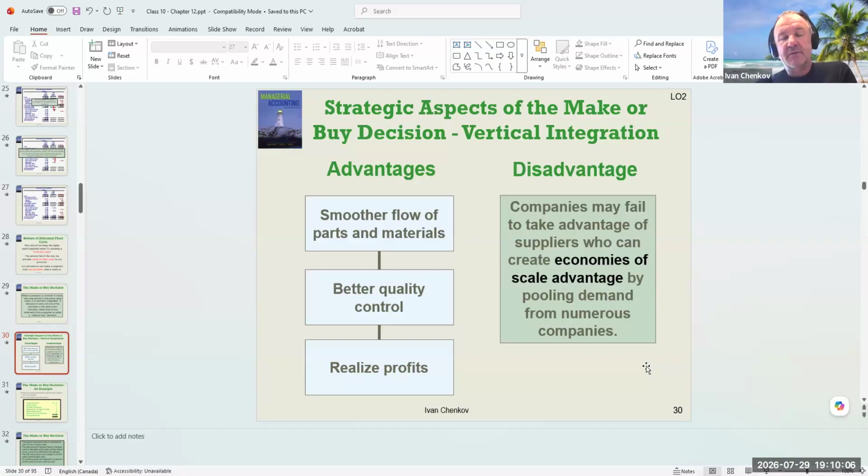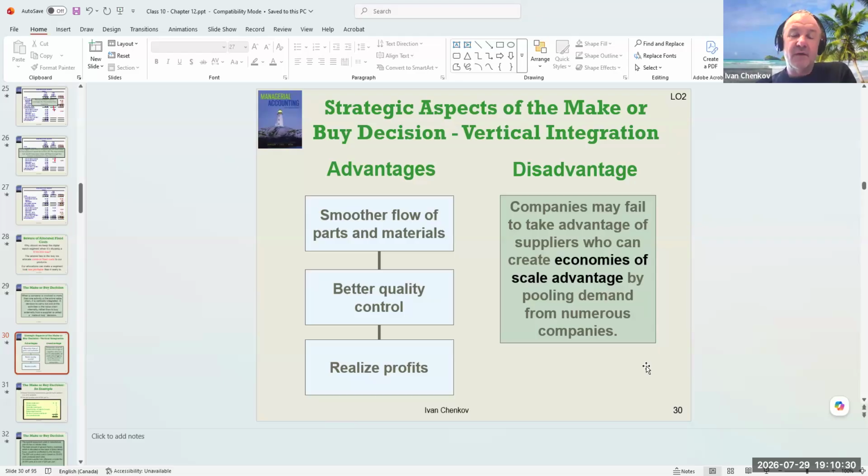If we decide to eat outside, obviously we're going to have access to different types of food, variety of food. We can save time. We don't have to do the dishes. Those would definitely be the benefits if we decide to go with somebody outside.